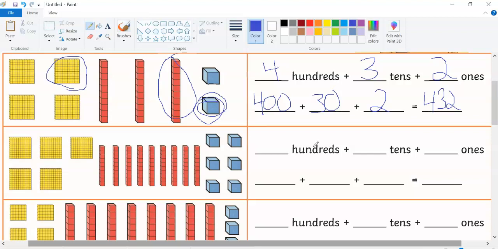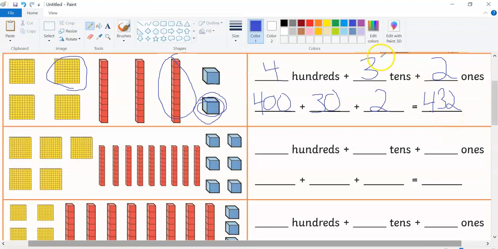All right. And we would do the same thing for the next one. The thing that you have to understand is that always, if there's no decimal, we're not talking about decimals yet, these are just whole numbers.